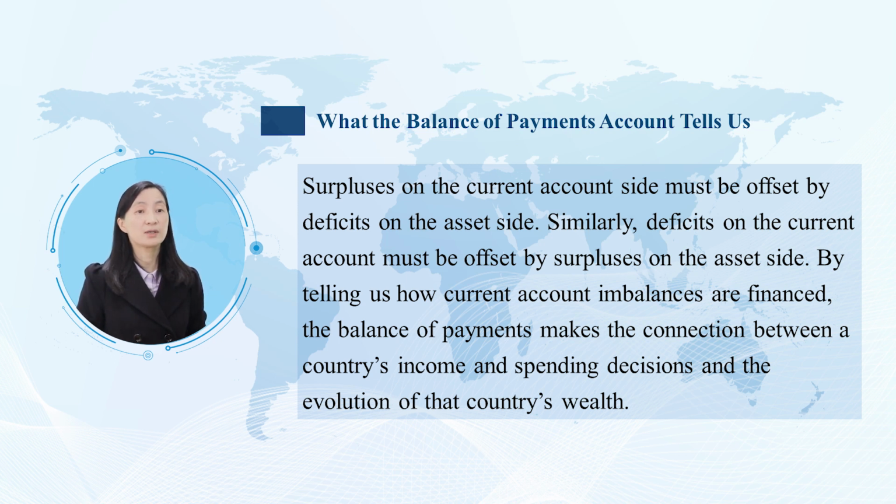A surplus on the current account side of the BOP accounts must be offset by a deficit on the asset side. Similarly, deficits on the current account must be offset by a surplus on the asset side.